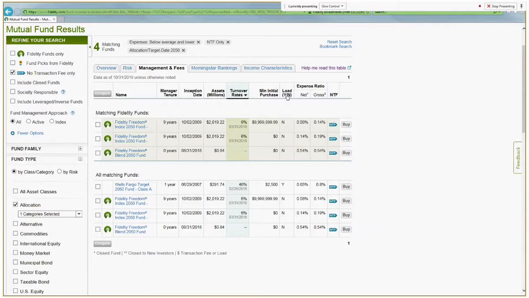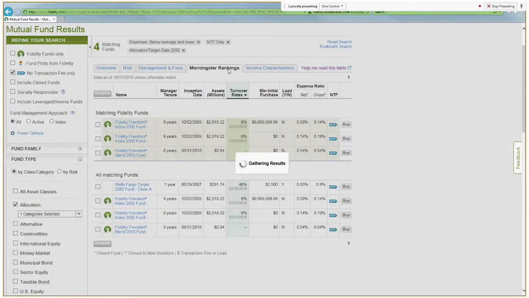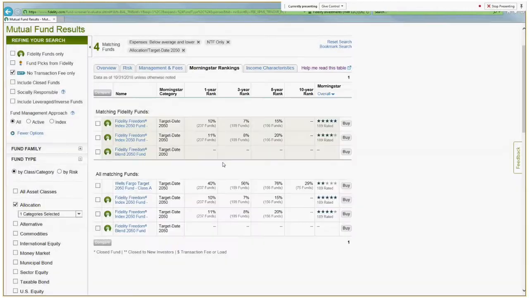So you can purchase it without paying any type of load fee, but once you sell, you will have to pay a load fee. So that's one thing that's important because, again, it's a big thing that can eat into your portfolio. And then if you go over here, the Morningstar ranking shows how this fund ranks in comparison to other funds.